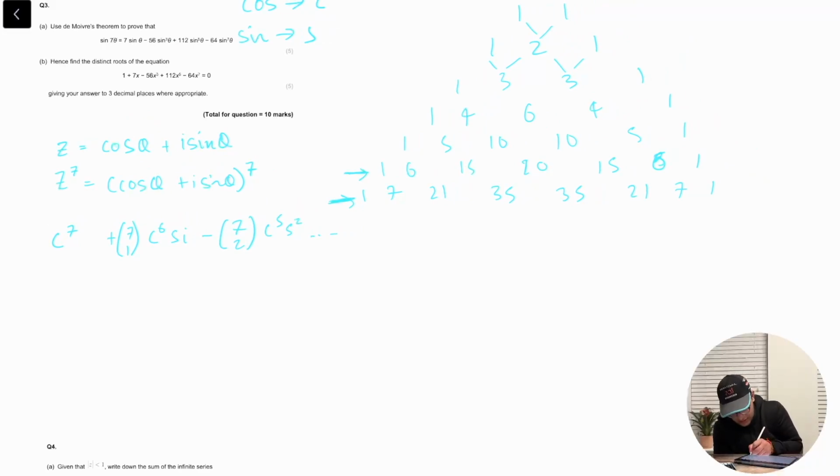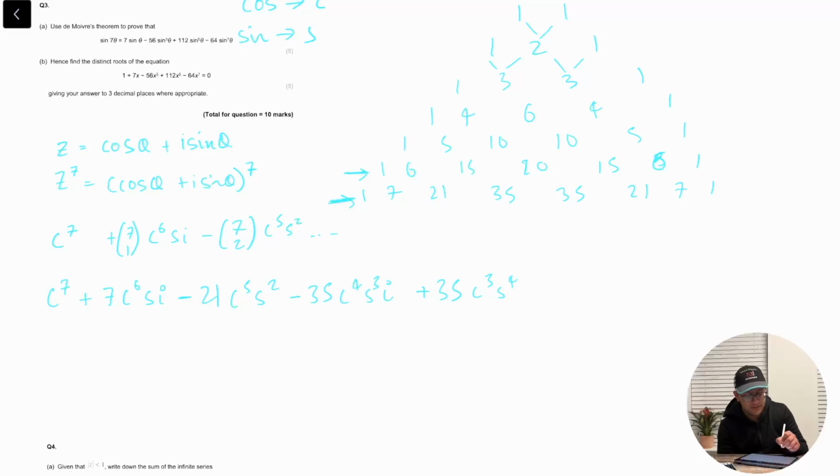So it's going to be cos^7 plus 7 cos^6 sine i, minus 21 cos^5 sine squared, minus 35 cos^4 sine cubed i, and this one the minus is going to go away, 35 cos^3 sine to the 4, because it's i squared, which is minus 1, cancelled out.